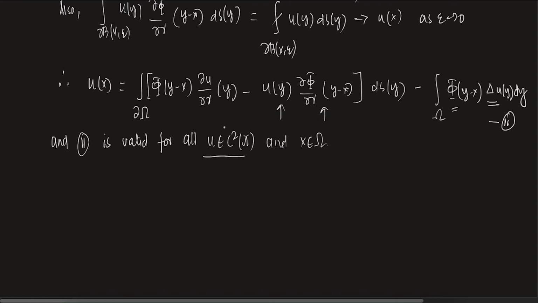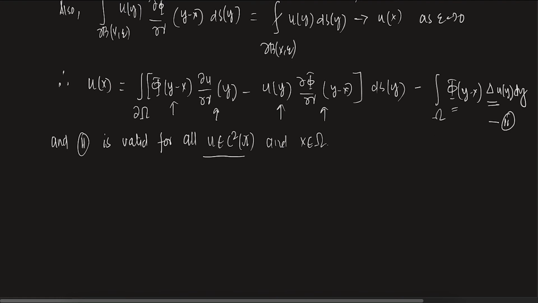What about this one? Phi we know, but del u del gamma, this is a problem. We know what u does on the boundary, we don't know what del u del gamma does on the boundary. So we have to somehow eliminate this particular expression.